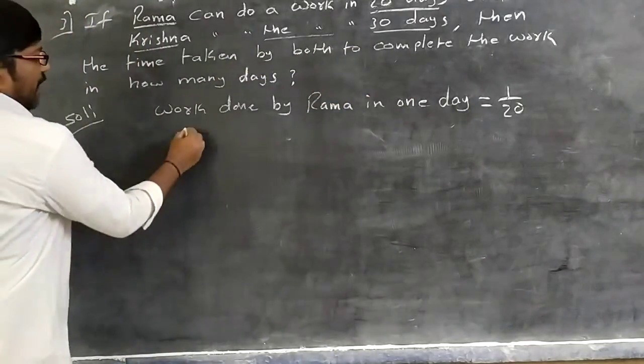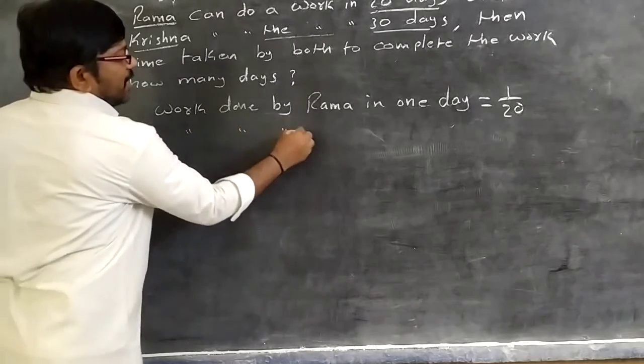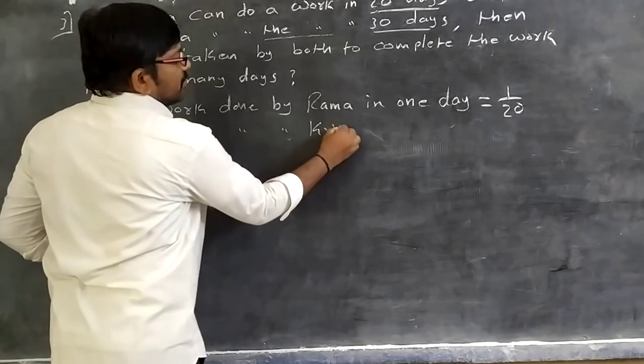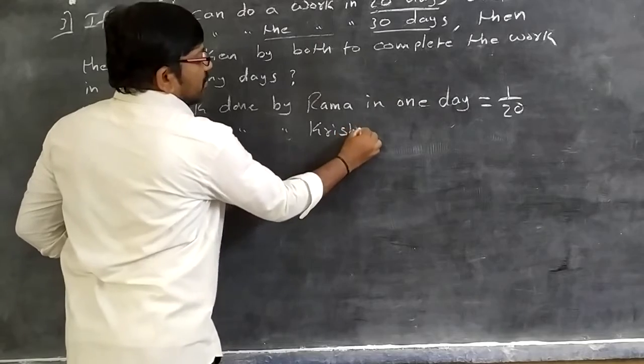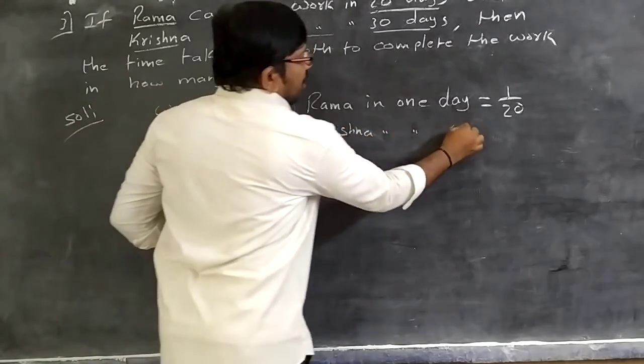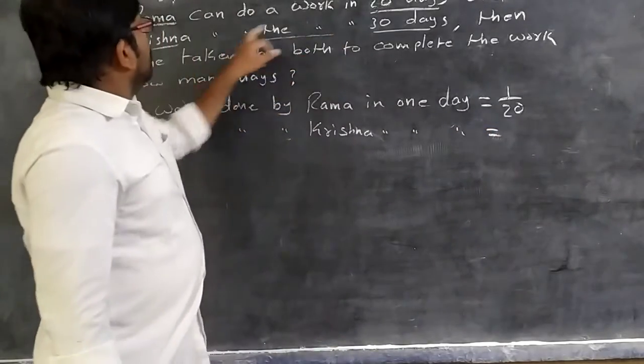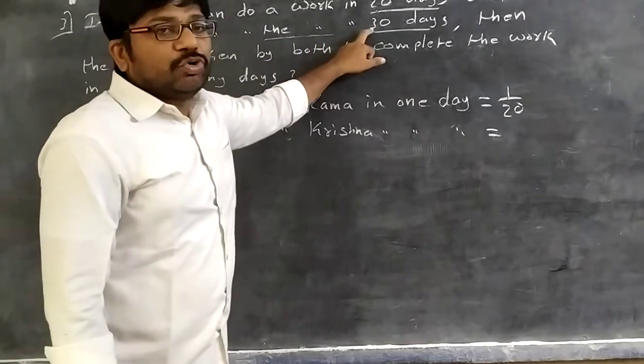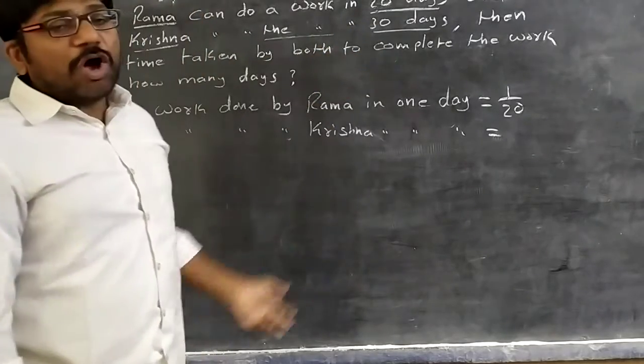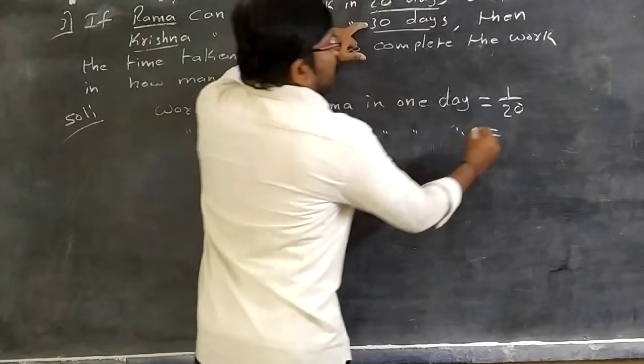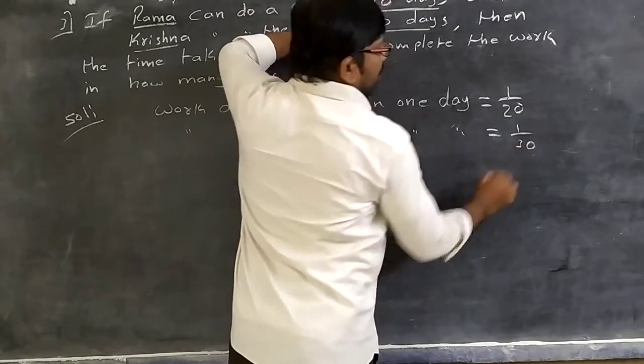In the same way, work done by Krishna in 1 day. Krishna takes 30 days to complete the work. In 1 day, how much portion does he complete? 1 by 30.